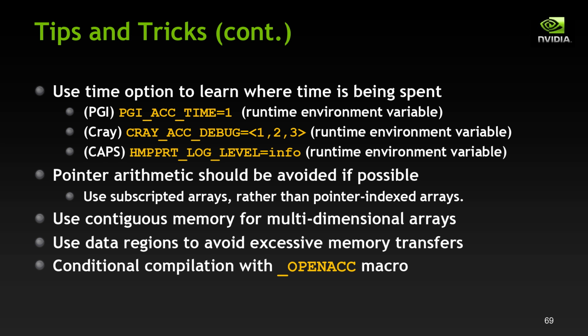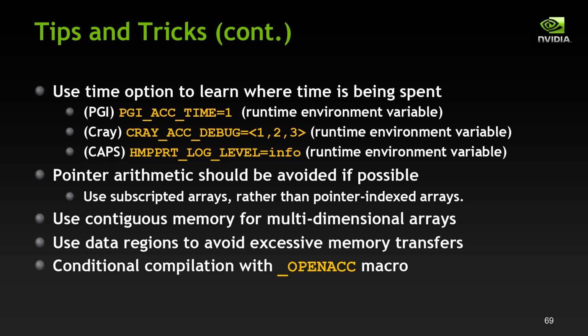In addition to that, if you have multi-dimensional arrays, in C, a lot of people have one array of pointers and then allocate every single row with its own allocate statement. Well, that will result in, if you have n rows, n copies across the PCI Express bus. If instead you have one large contiguous array and you calculate from that, you can have one bulk transfer to the device.